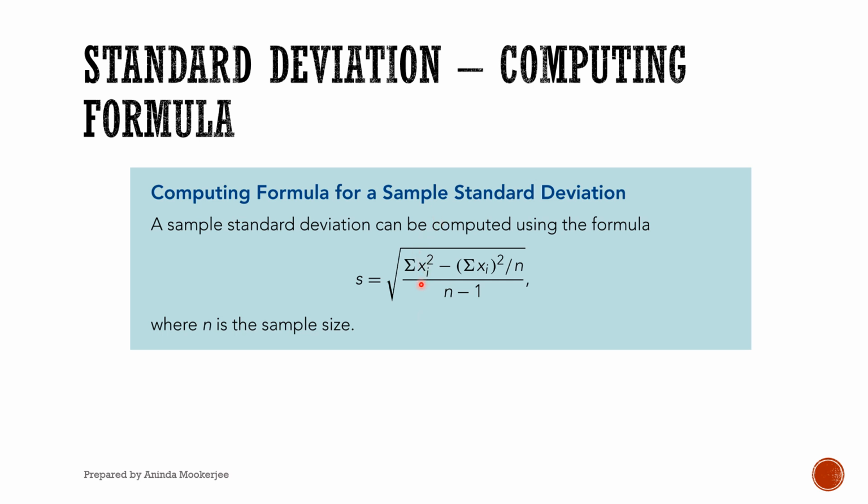This is the square root of sigma x squared minus sigma x whole squared divided by n, over n minus 1. Again, we will work out examples in a worksheet separately using both the defining formula and the computing formula.